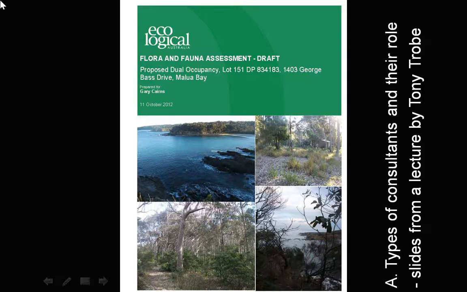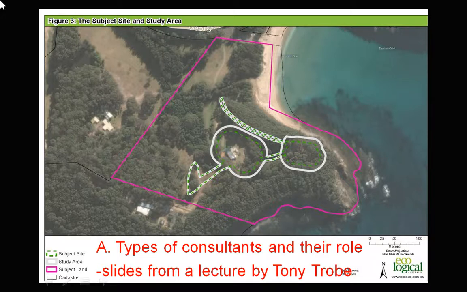And the reason for that was for a certain type of fauna, because the flora was habitat for a certain type of flower, I believe. So what they had to do is to show that their design would not damage the habitat of this particular kind of fauna.